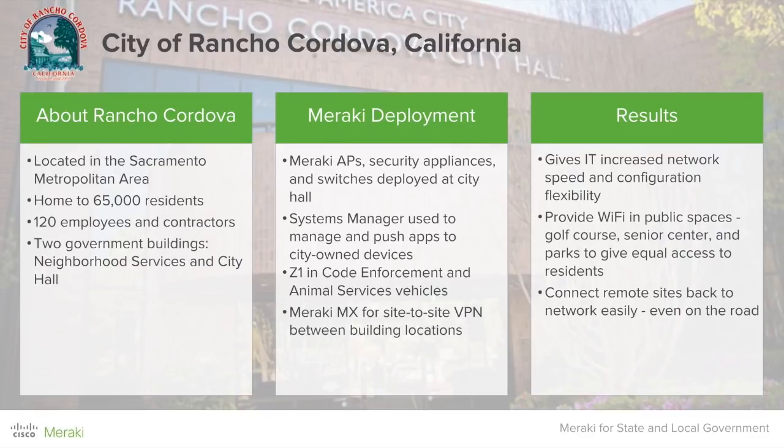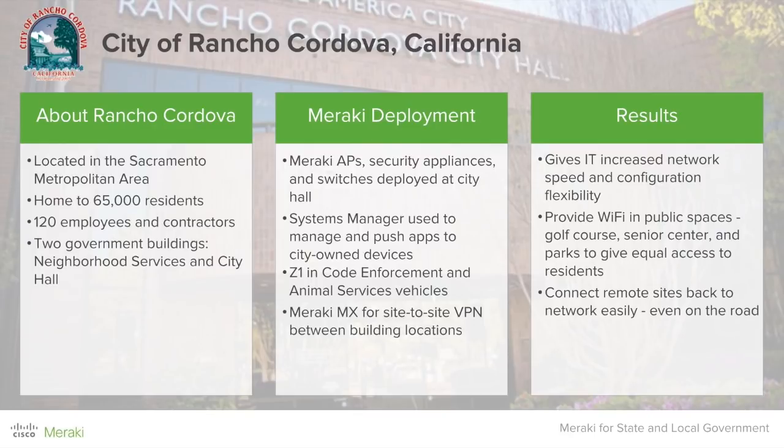They're using Systems Manager as well to manage and push apps to any of those city-owned devices. They have a Z1, which is our teleworker unit, in code enforcement and animal service vehicles. So that's a fantastic use case I've come across, as well as being able to connect those vehicles and have a secured connection back to the main site. And they're using the Meraki MX for site-to-site VPN between building locations.